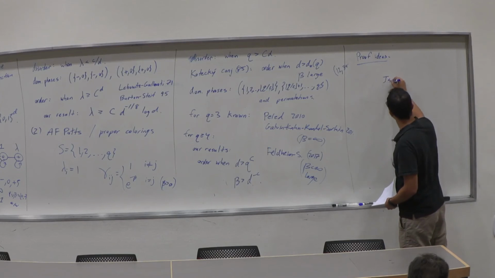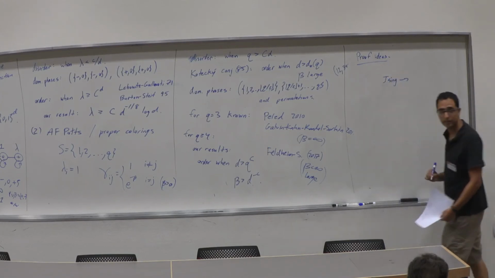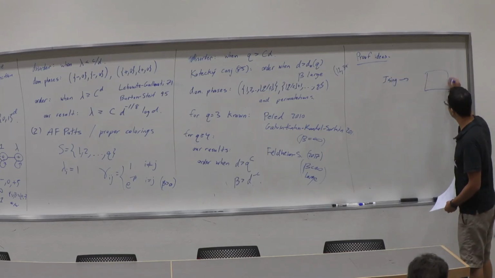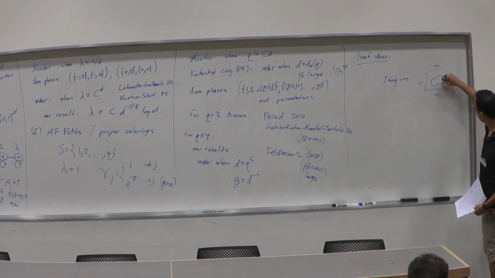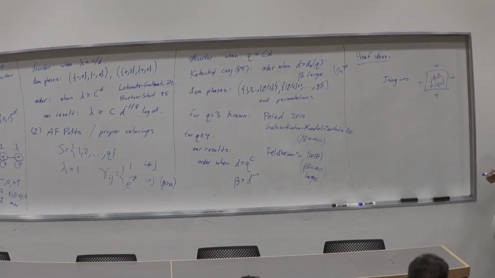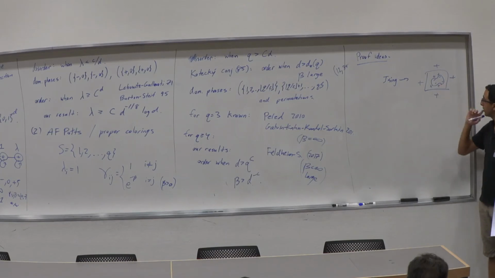Let me quickly remind what this means, for instance, in the case of Ising. So in Ising, what you do, you have, say, plus boundary conditions. Then you find the contours inside, which separate pluses from minuses. And then the idea is to explain why such a contour is unlikely. Well, in the Ising model, it's unlikely because there's an energetic cost on the boundary.